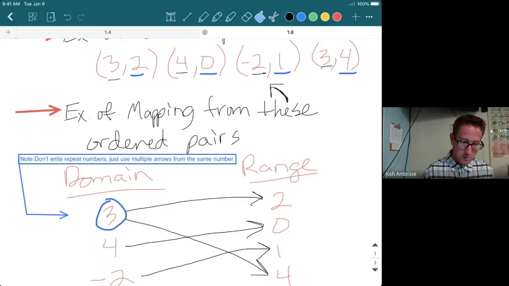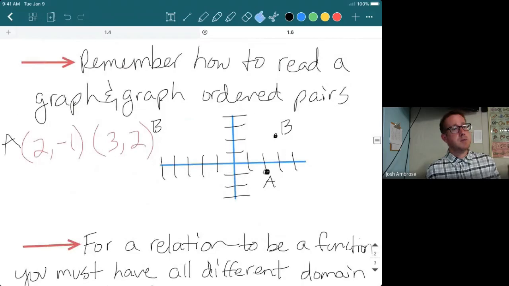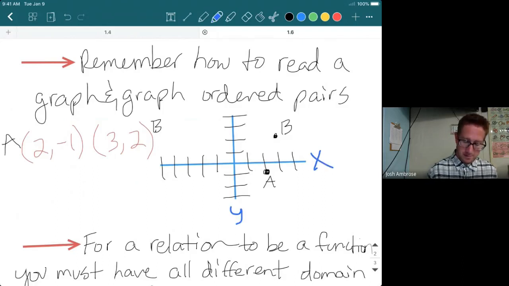And then let's move down the page here. Simple graphing, that's another way of showing. Okay, so remember how to read a graph, remember how to actually graph ordered pairs. I just gave you 2 very simple points there. The letter A is supposed to be at (2, -1). So if you look at the graph there, remember the x value is given first, and then just a quick review: this is the x-axis, this is the y-axis, okay?